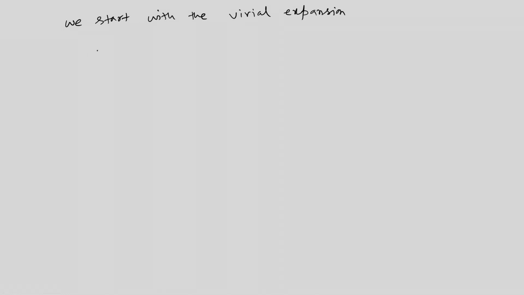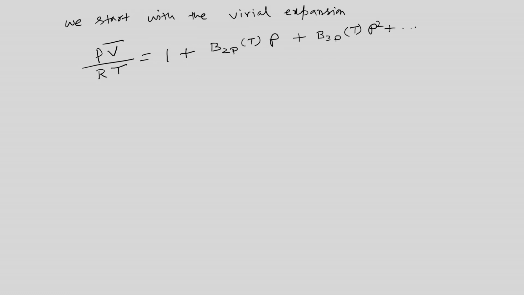Okay, so we know for virial expansion PV bar by RT is nothing but 1 plus, etc. Where B2P, B3P, these quantities are virial coefficients, you know.